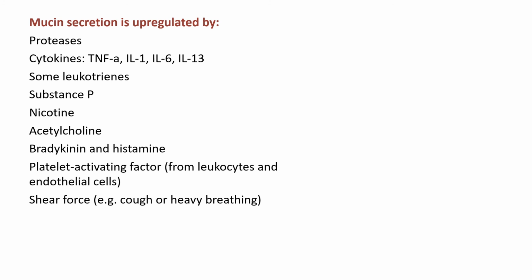Some leukotrienes increase mucin. Substance P, so one of our neurokinins, also, apart from degranulating mast cells causing bronchoconstriction, also increases mucin secretion. Nicotine, the chemical nicotine, which, if you remember, stimulates C fiber receptors to cause cough. It also binds to our goblet cells, submucosal glands, and increases mucin secretion.